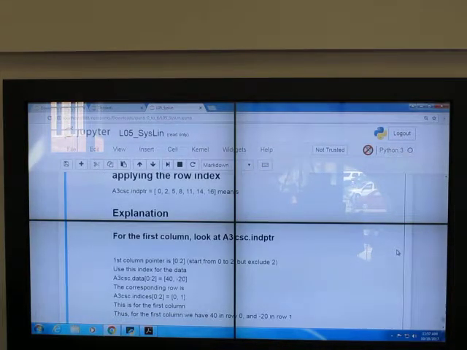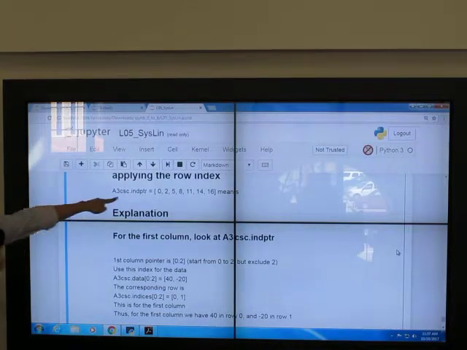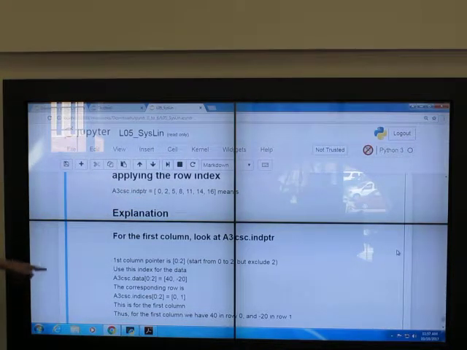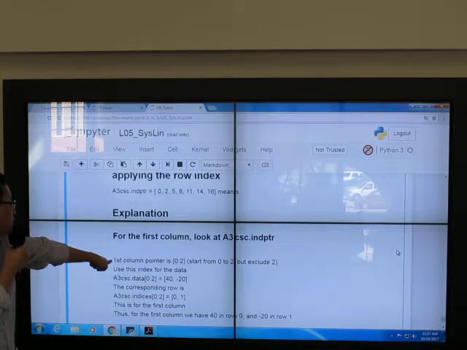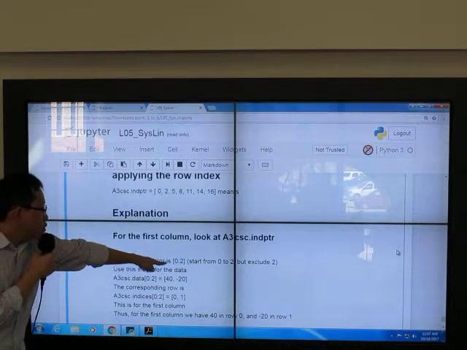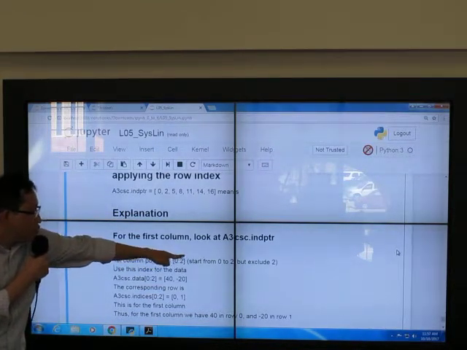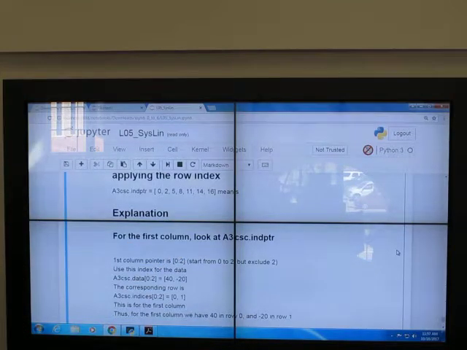Okay, explanation. For the first column, look at A3 CSC dot index pointer. We have 0 to 2. First column pointer is 0 to 2. Start from 0 to 2, exclude 2. Use this index for the data.